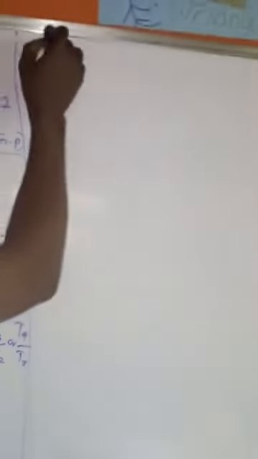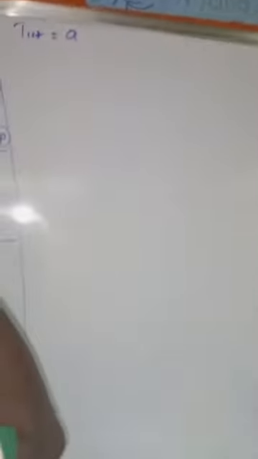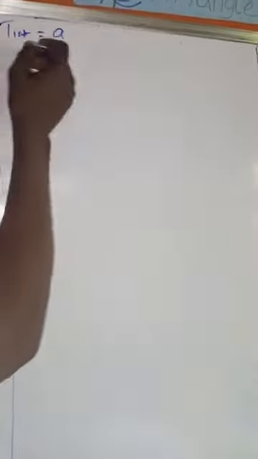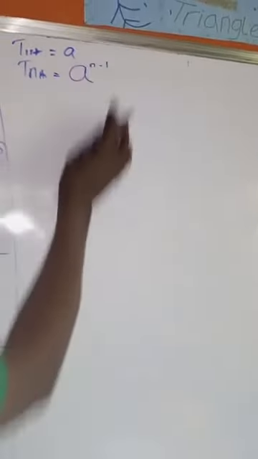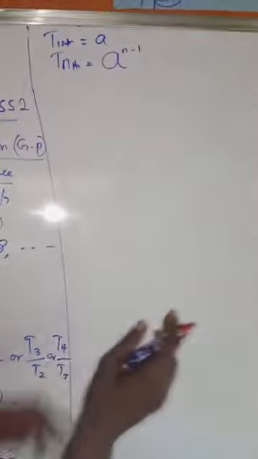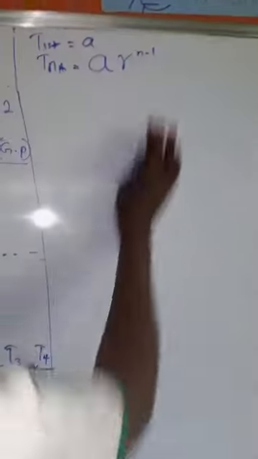Now let's look at the formula. We know that the first term is always denoted by A. Then the general rule for the nth term of a geometric progression is A R raised to power n minus 1.